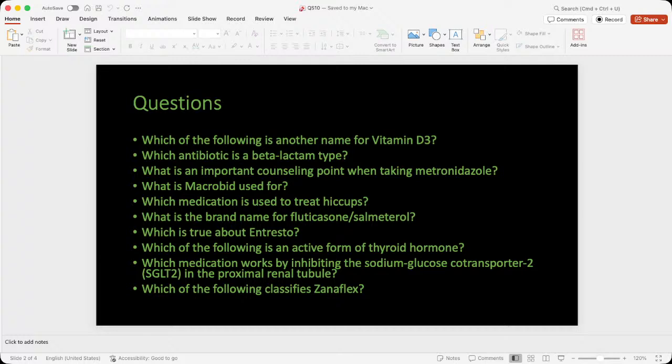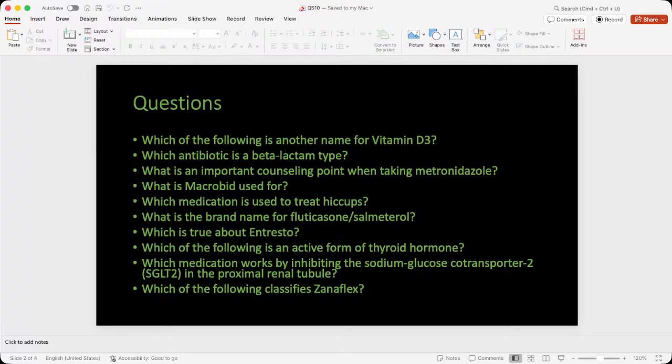And if they're going to go from Entresto to an ACE inhibitor, they have to do the same 36-hour washout period. So just note that. This could be a question on the NAPLEX too, so I wanted to put it out there for you all. Hopefully that helps you remember that it goes both ways.